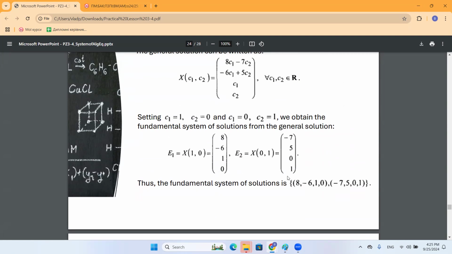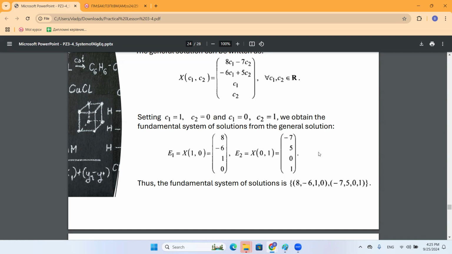Okay, maybe we have some more interesting examples. Yevgen, do you have some questions? Yeah, why isn't this fundamental solution one where all the three unknowns equal 0? Why 1 and 0 and 0 and 1? Why not just 2 zeros?